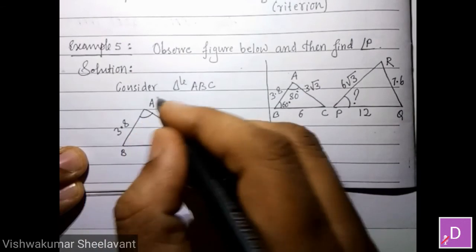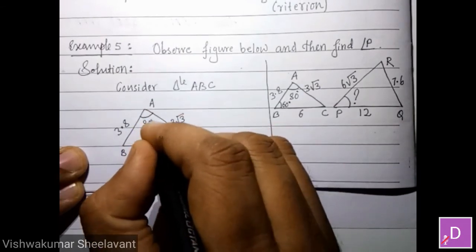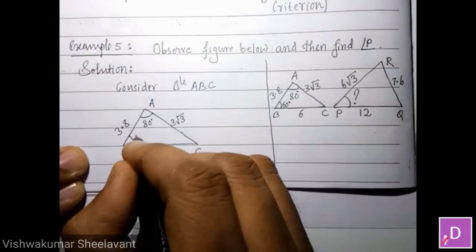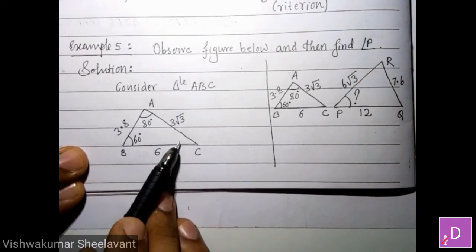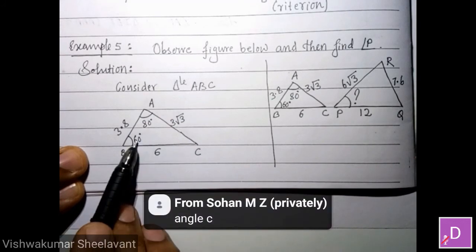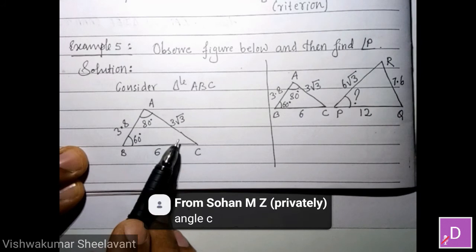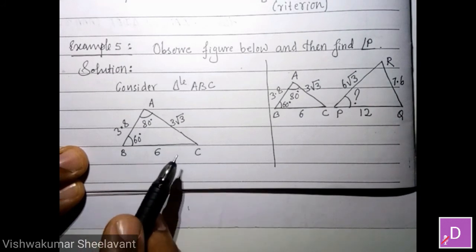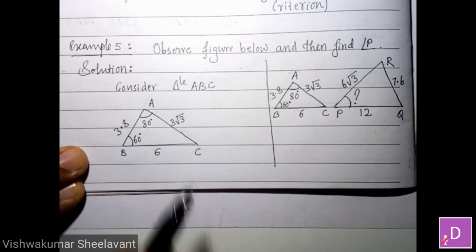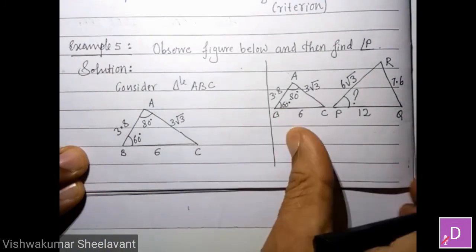Can anyone tell me what you can find in this triangle? Can you not find angle C? Two angles are given. You can find angle C by using angle sum property of triangles, right? If you have finished, I will go to next page.